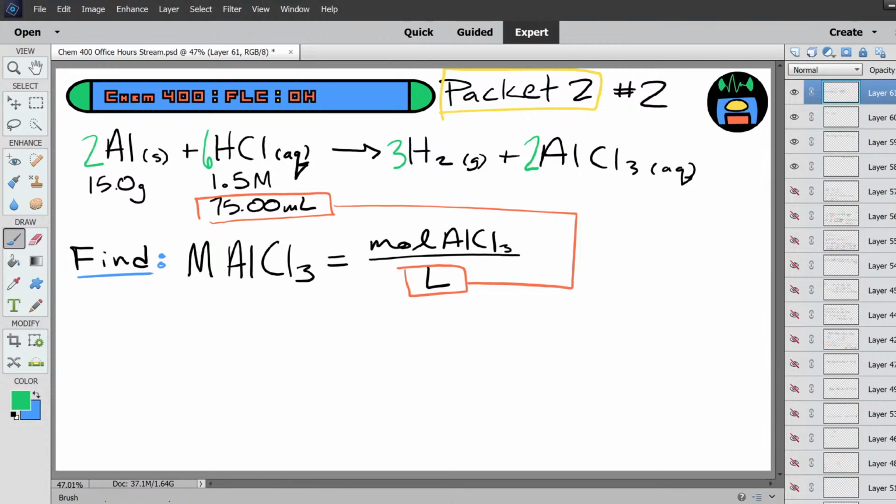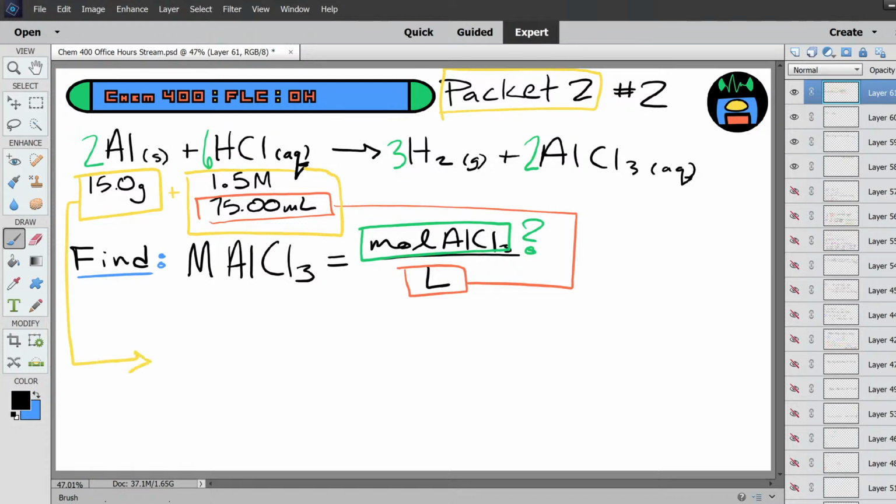Now the question is, how do we find the moles of aluminum chloride produced? Well, in this problem, you'll notice that we're given an initial quantity of HCl and we're given an initial quantity of aluminum.